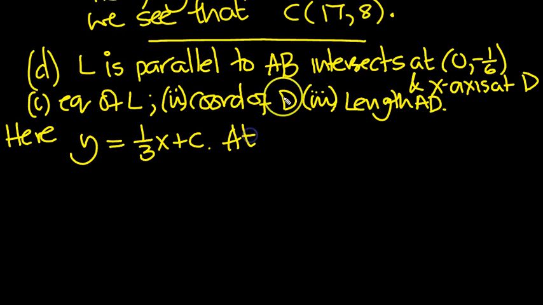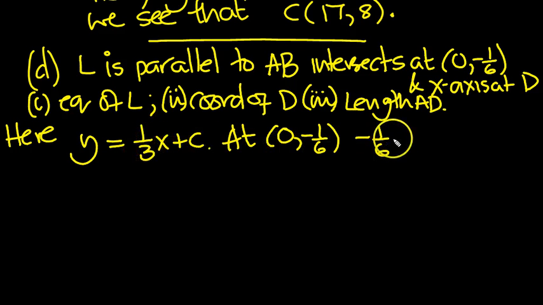It goes through the point (0, -1/6), so put the values in. Minus 1/6 goes in for y, x is 0, so 0 times a third is 0, plus c. That tells us that c equals minus 1/6.